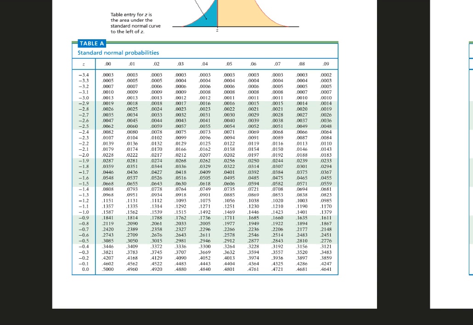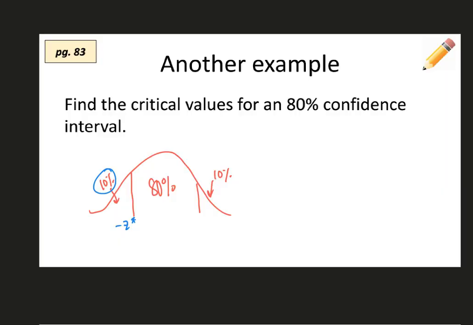We're going to find the closest thing to 0.10, which looks to be 0.1003, and the z for that is going to be negative 1.28. So that's negative 1.28, which means this one is going to be positive 1.28. So the z-star value for 80% confidence is going to be plus or minus 1.28.